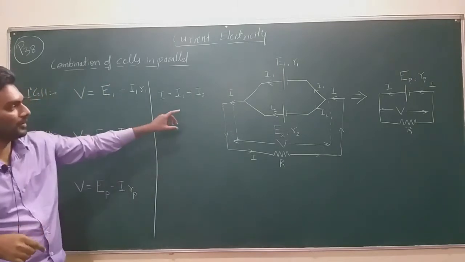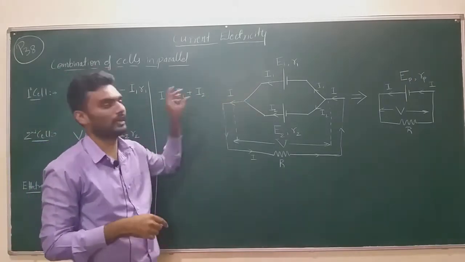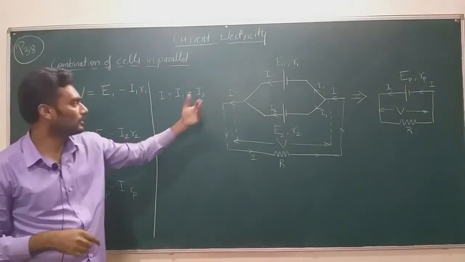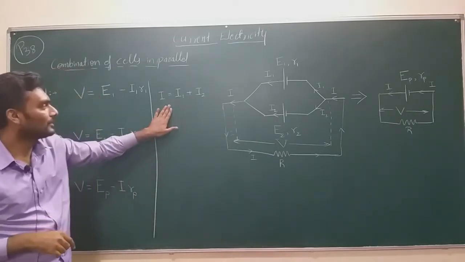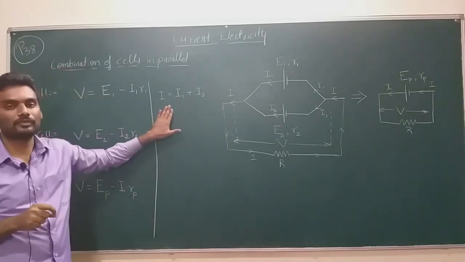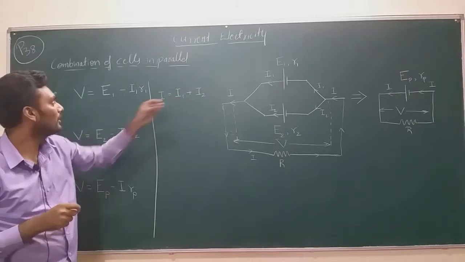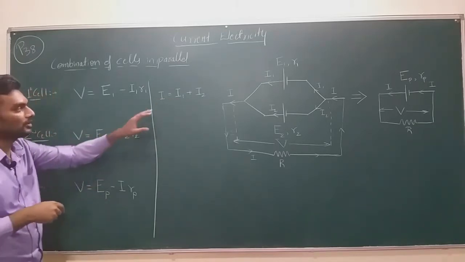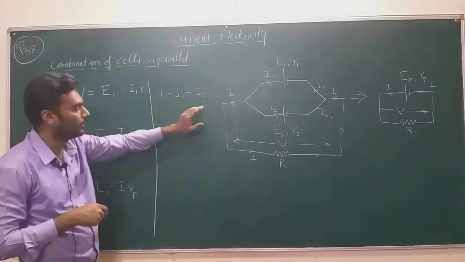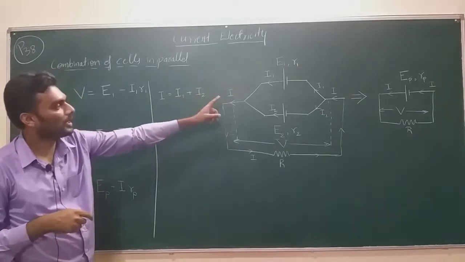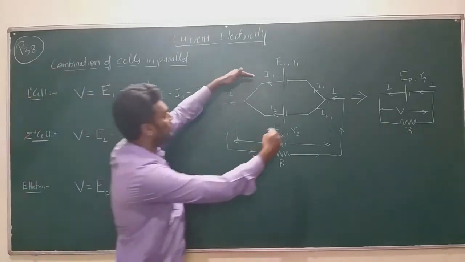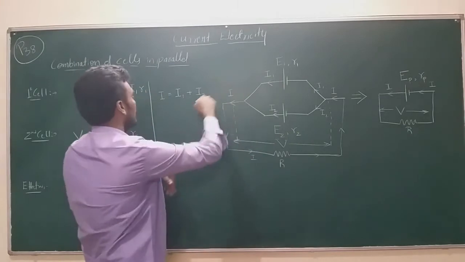The total current I is the sum of these two currents, the net current. This is again from Kirchhoff's first law. We will get to know it in the next session, but this result we can directly take now. These two currents come together to give the net current I.